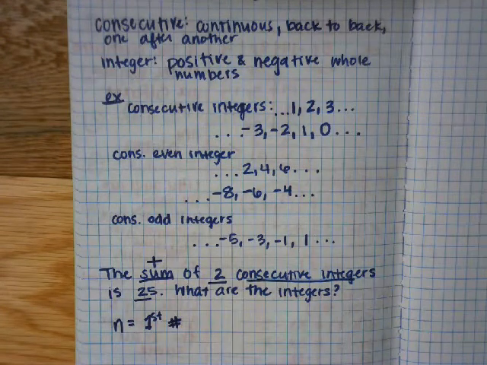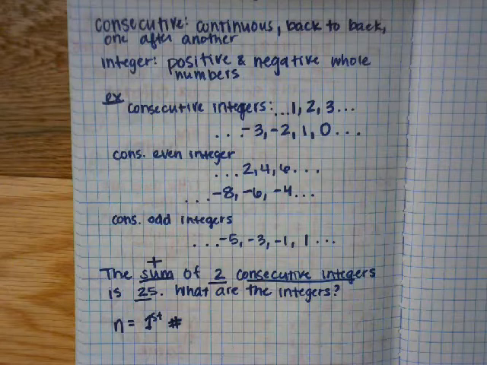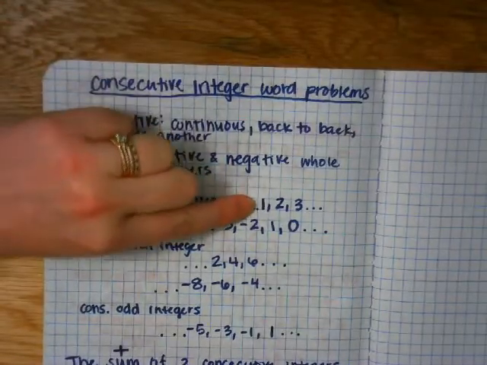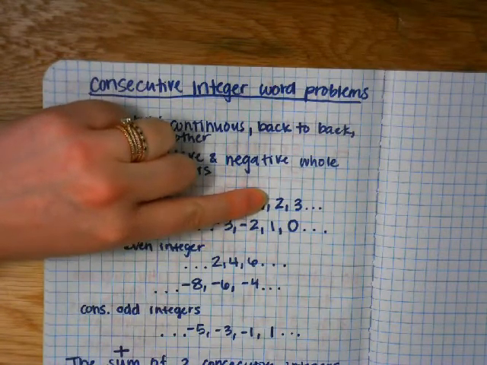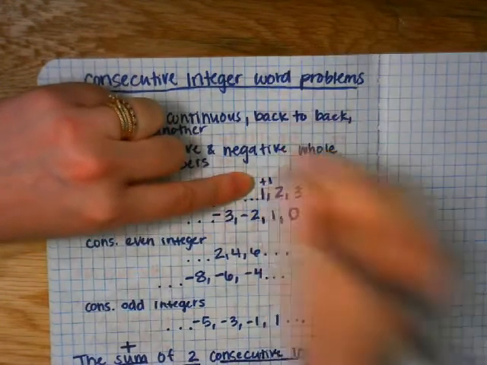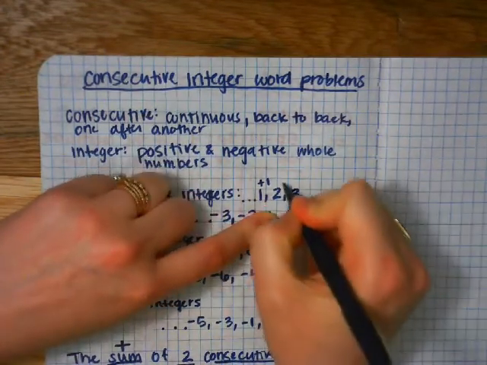If we're adding consecutively, how could we figure out what comes after n without introducing a new variable? Let's look up here at our list. What did I do to 1 to get to 2? Good. I added 1. What did I do to 2 to get to 3? I add 1.